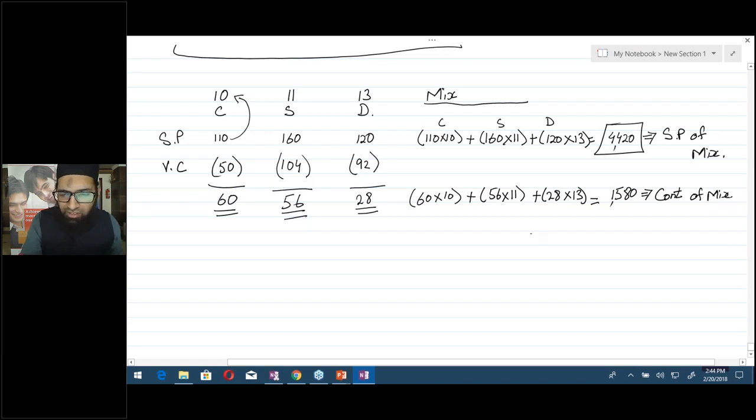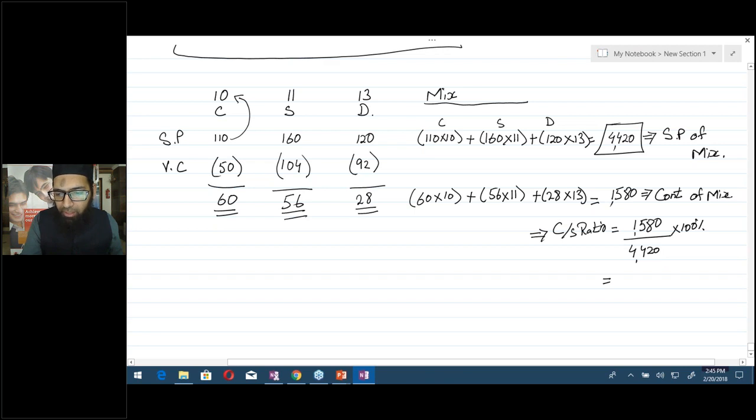Now if I take the CS ratio of the mix, this can be calculated by 1580, the contribution, divided by the selling price of a mix, which is 4420, multiplied by 100%.